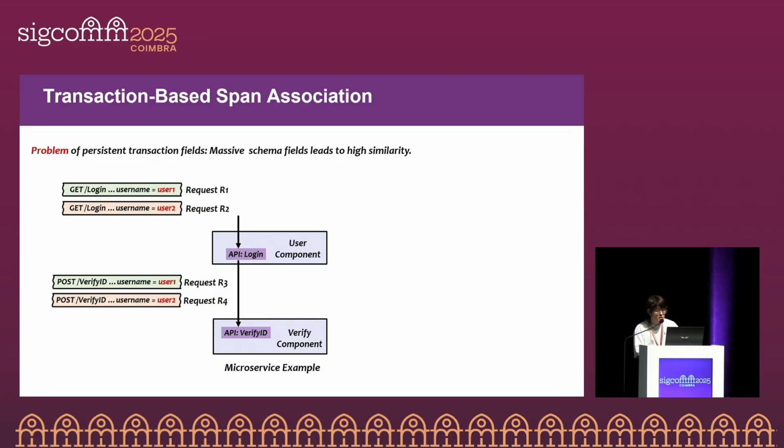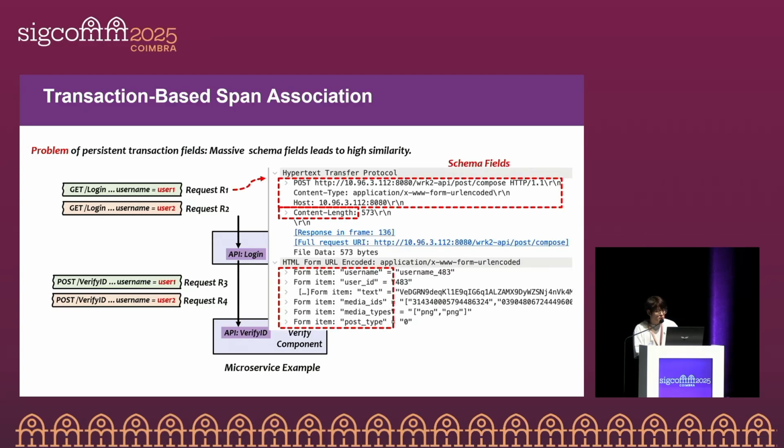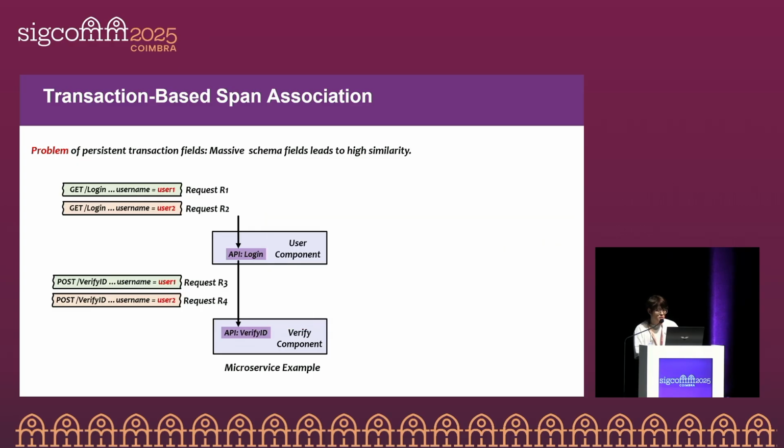Regarding persistent transaction fields, the content of incoming and outgoing requests often contains numerous schema fields with identical patterns, such as the POST and content-type keywords in the HTTP protocol. If we were to rely solely on identical fields in the request content to define persistent transaction fields, spans from different transactions could be incorrectly merged.